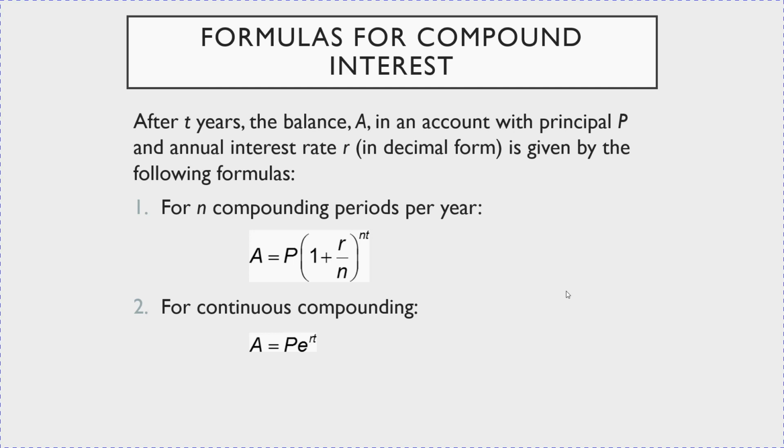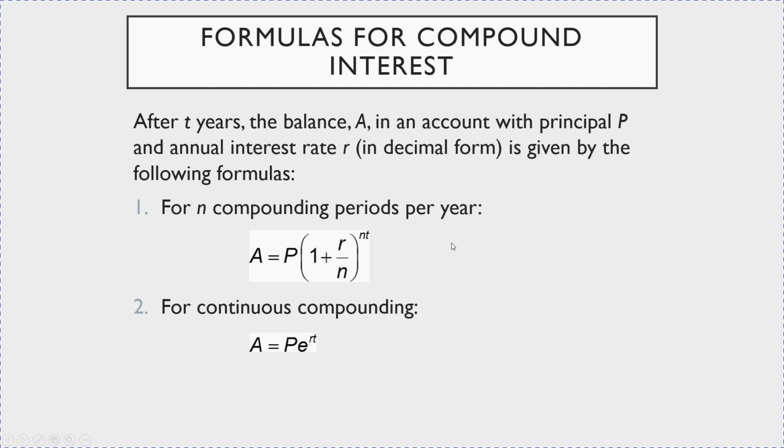For n compounding periods per year, A is equal to the principal times, in parentheses, 1 plus r divided by n, raised to the n times t power. And for continuous compounding, the amount is equal to the principal times e raised to the r times t power.